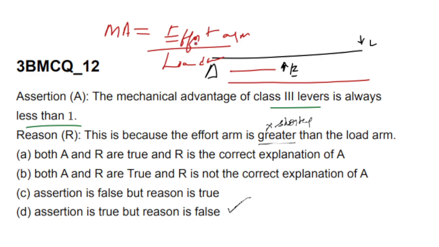So this will be like 1 by 3, 2 by 3. The load arm will be bigger. So it will always be less than 1. So this assertion is correct. But the reason they are giving is wrong. This is because the effort arm is greater? No, it's not greater, it is happening because the effort arm is shorter, and it is small as compared to the load arm. That is why the reason is wrong. So the option will be D. Assertion is true, but reason is false.